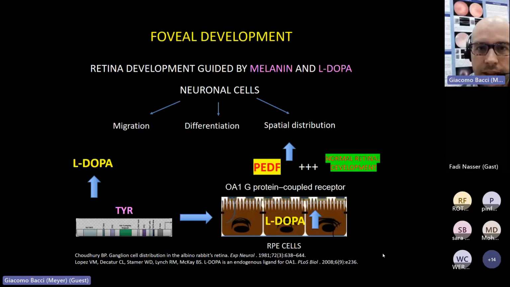The L-DOPA is also an essential part of the normal routing of these pathways. And it is not by chance that mutations in the TYR gene affect both normal retinal development and the normal routing of optic pathways.